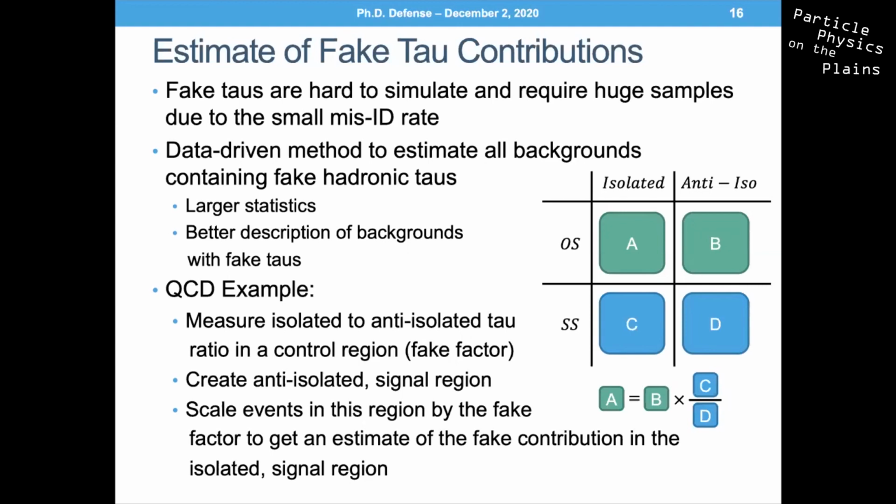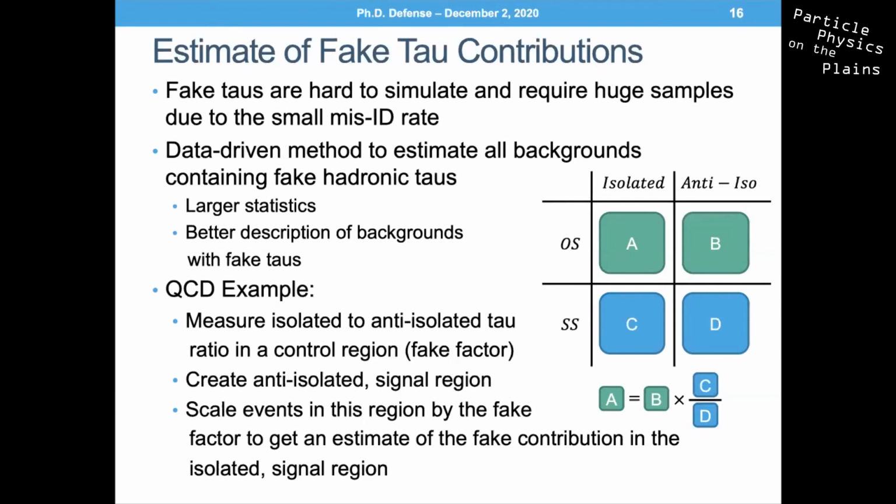So you assume that the ratio of anti-isolated to isolated taus should be the same in opposite sign and same sign events. And so what you can do is you can measure the ratio of isolated to anti-isolated events in the same sign region. This is the C/D I've got shown on the right.